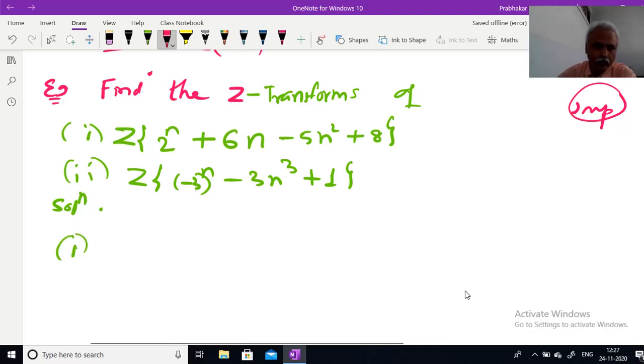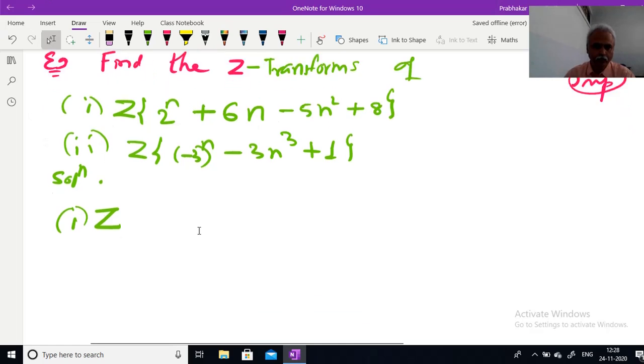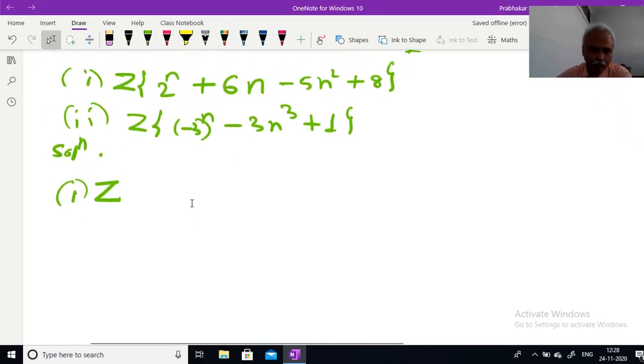Let us consider the left hand side, the Z transform of 2 raised to n plus 6n minus 5n square plus 8. Are you writing the left hand side?